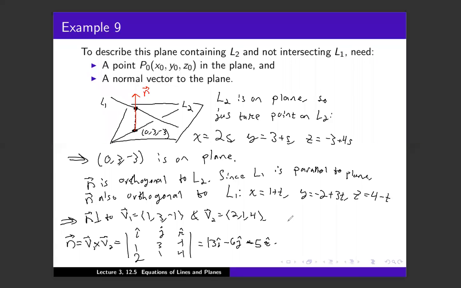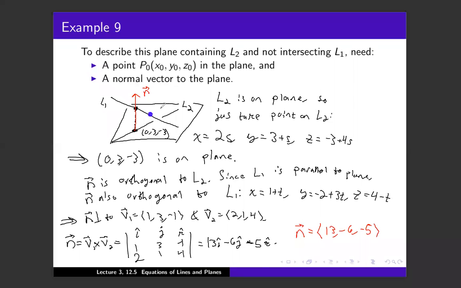That's our normal vector. So we know now that n is (13, -6, -5). We're almost done. Now all we need is some other point that's on L1.